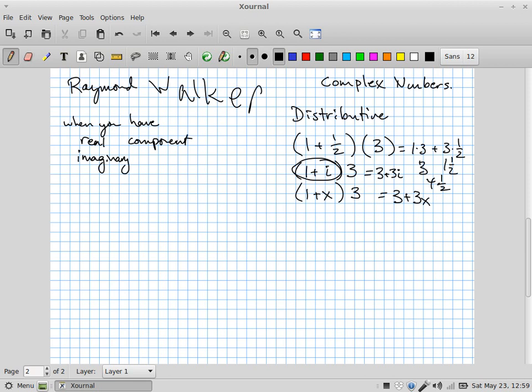So what you're saying is when you take a real number and an imaginary number and add them together, it makes a complex number. That's right. But when you take the product of a complex number and a real number, you get another complex number. Okay, that makes sense. It turns out that when you start multiplying complex numbers, it can get pretty complex.